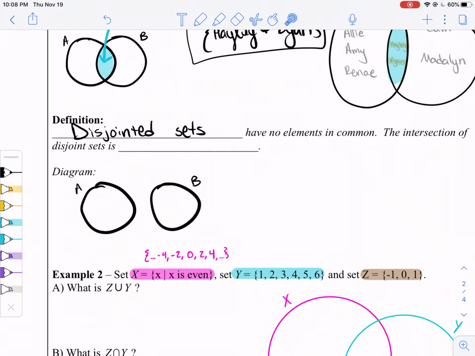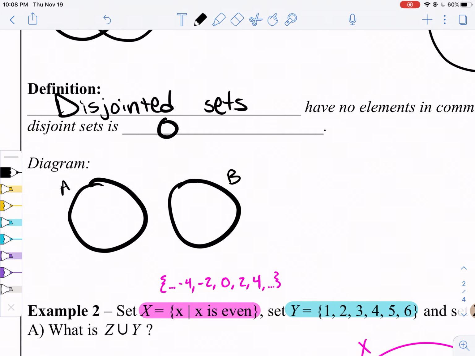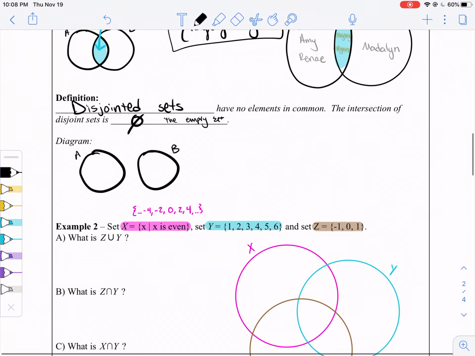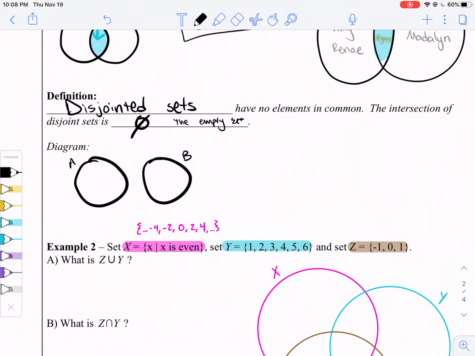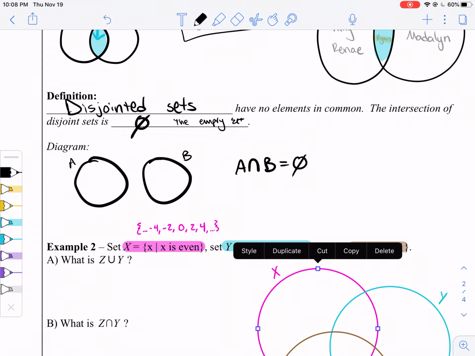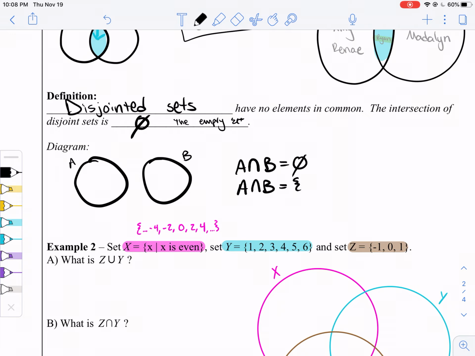The intersection of disjoint sets is the empty set. Okay, that's it. Done. So you would say that A intersect B is the empty set. Ta-da!